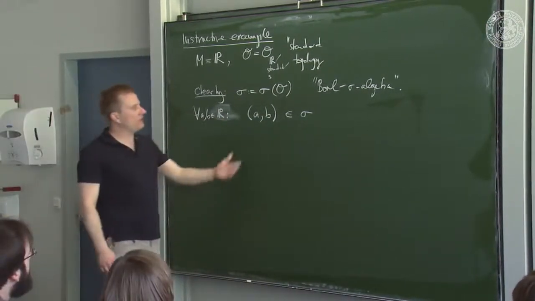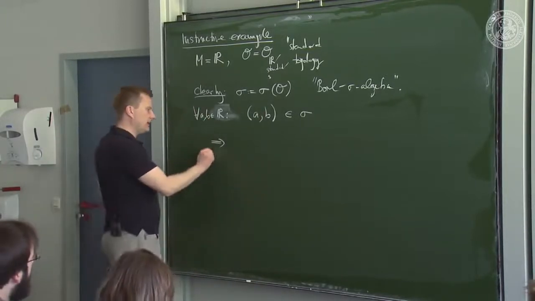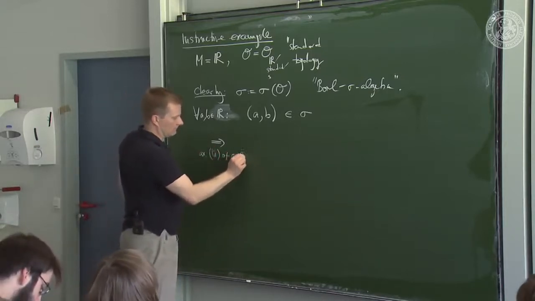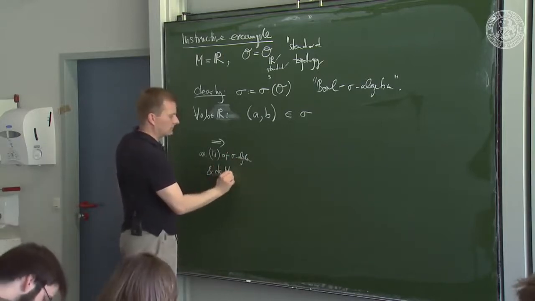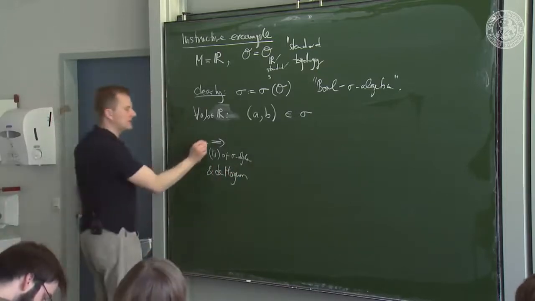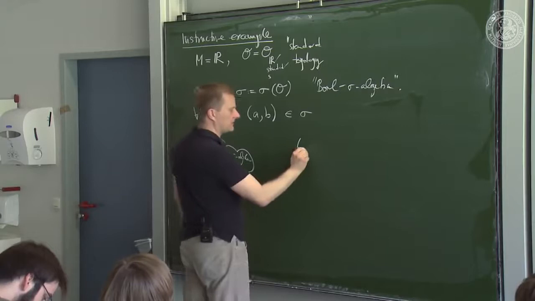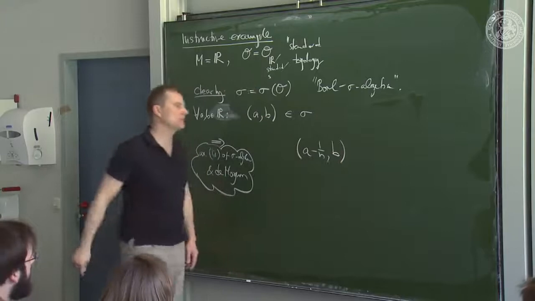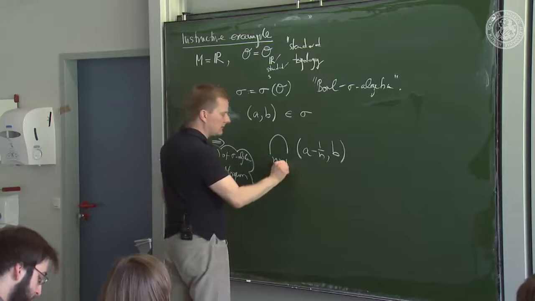Because we know this contains those. But you can also look at, if you know that all the open intervals are in it, then by axiom 3 of sigma algebra and De Morgan, because I'm converting a union into an intersection, I know that I can take open intervals (a - 1/n, b) for n in the integers, and I can take the intersection of any of those.